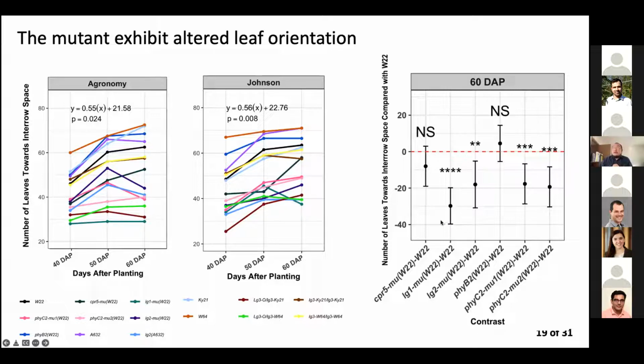And when we compare the mutants of GWAS candidates versus the wild type control, we find that 4 out of the 6 candidates, including liguleless 1 mu, liguleless 2, and 2 mu mutants of phytochrome C2, exhibit a significantly reduced number of leaves towards the interrow space.